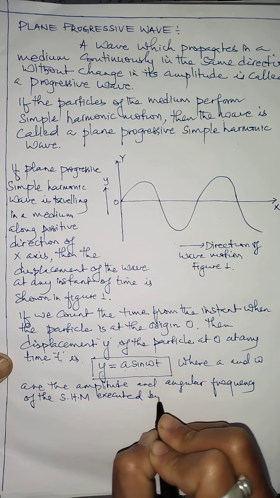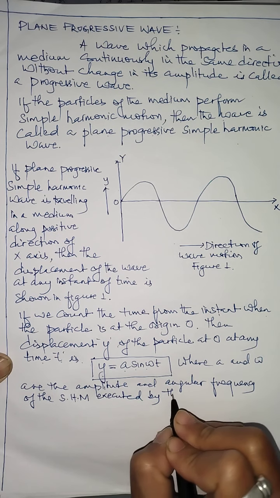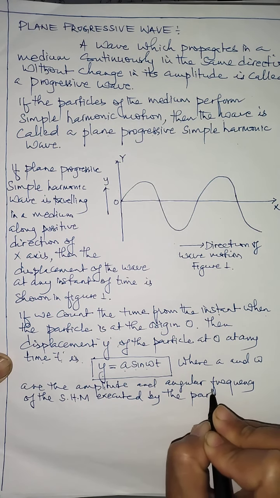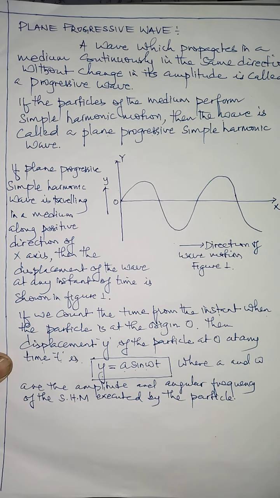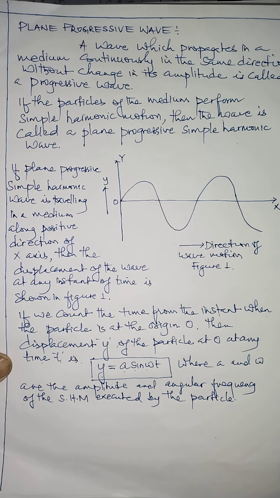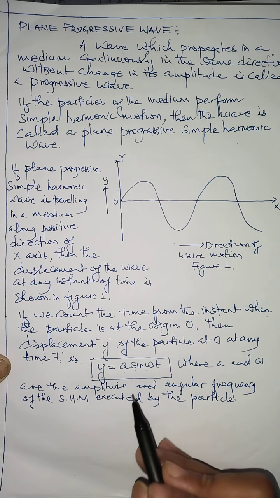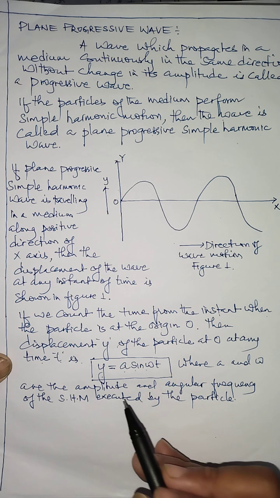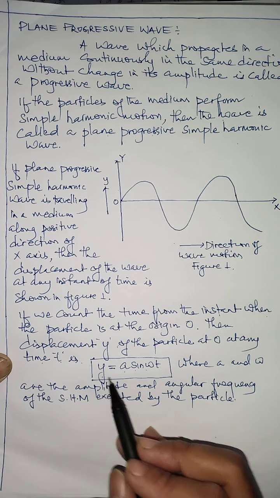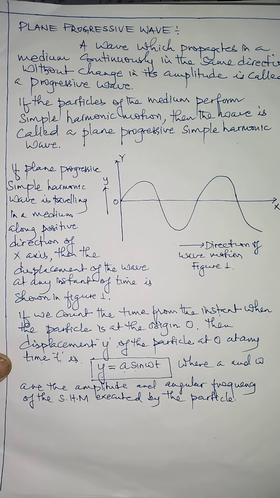So the first equation, the displacement equation directly in terms of time and angular frequency, is written by the relation y equals a sine omega t.